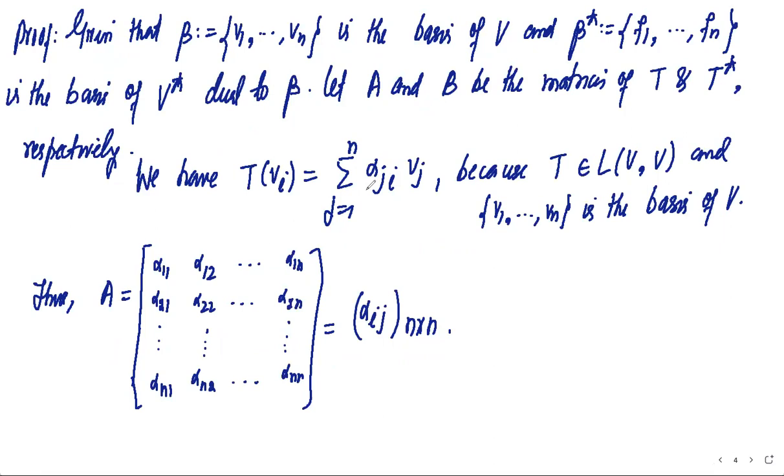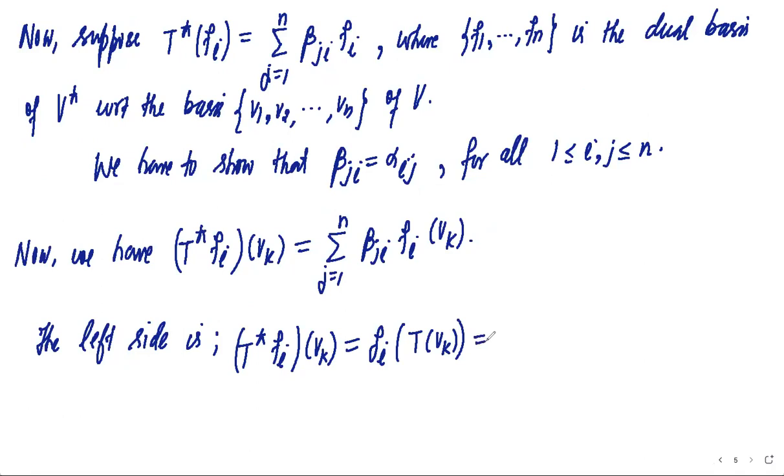Therefore we have T of Vk is equal to summation j from 1 to n alpha jk Vj. So therefore here we have this is equal to Fi of T of Vk, which can be written as summation j from 1 to n alpha jk Vj.